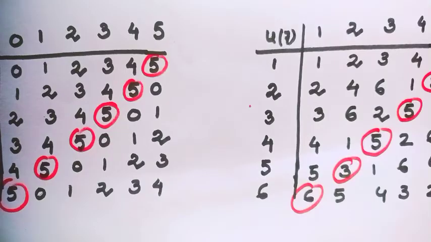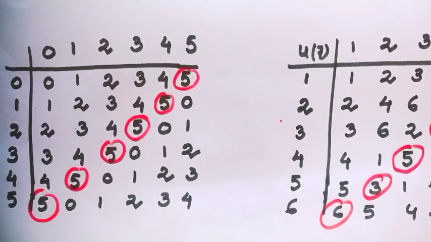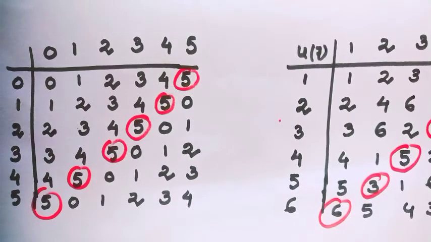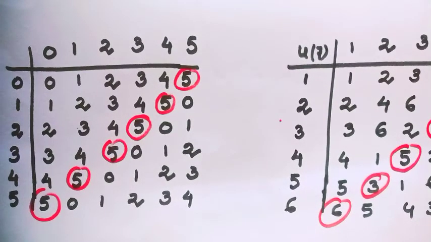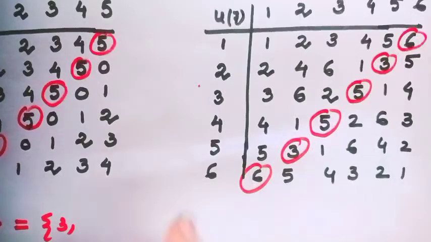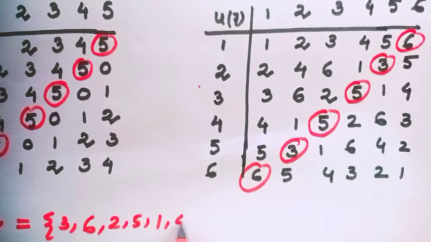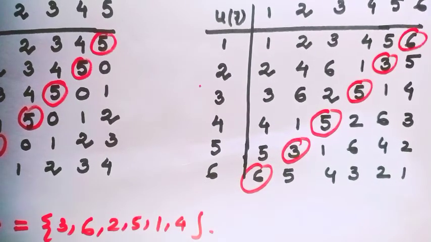Here both groups are cyclic. I have seen the cyclic subgroup generated by 3, which is equal to 3, 6, 2, 5, 1, 4, generates the whole group U7.